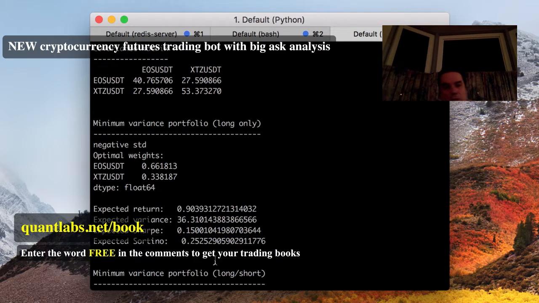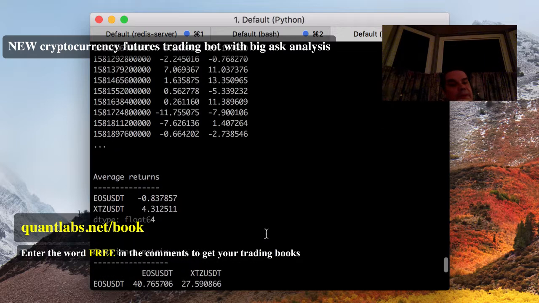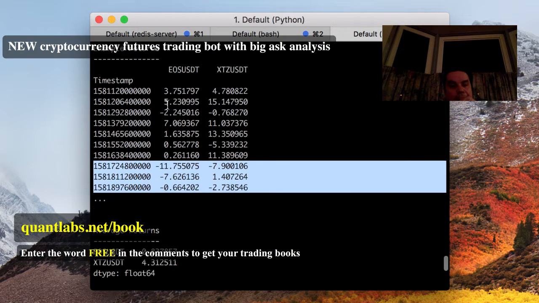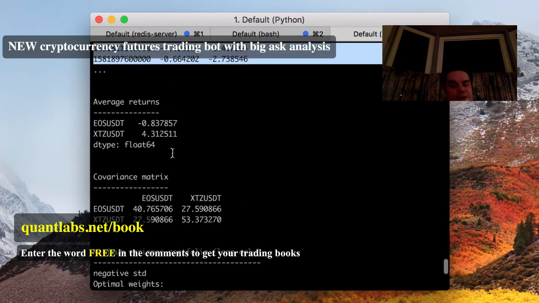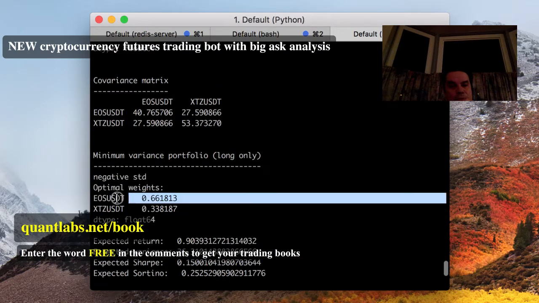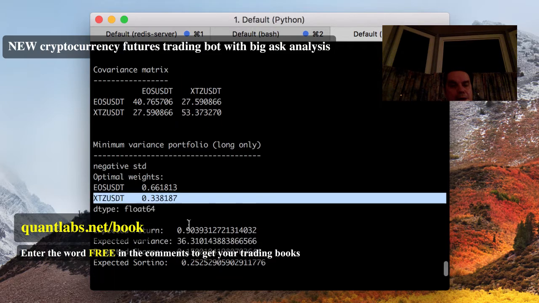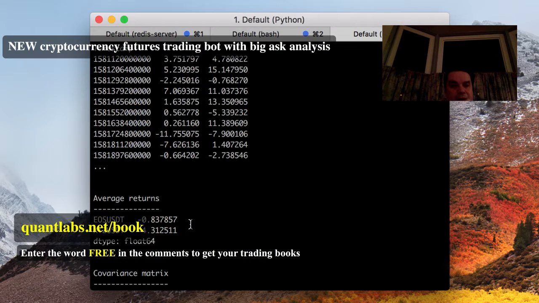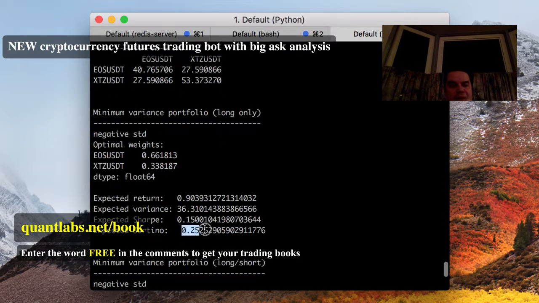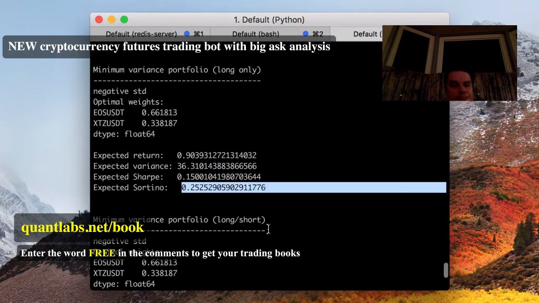Okay, so with the Sortino, and as I showed you, there is some volatility here, especially in the last 3 hours for EOS. What it's saying is put 2/3 into EOS, 1/3 into XTZ if I want to get roughly a 0.25% return.